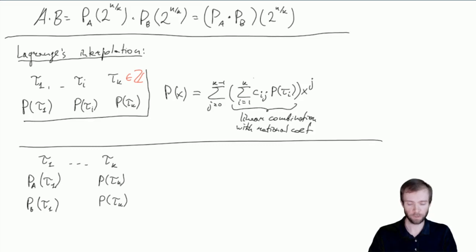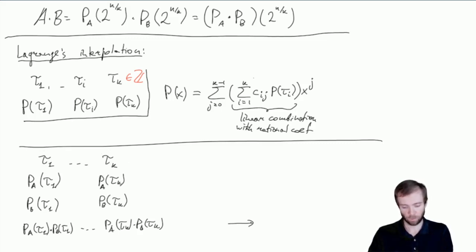Then we'll compute products of numbers, pa of τ1 times pb of τ1, and up to the last product. And then we'll interpolate. We know the points, we know the values of the product of polynomials on these points, and then we can reconstruct by interpolating the polynomial pa times pb.